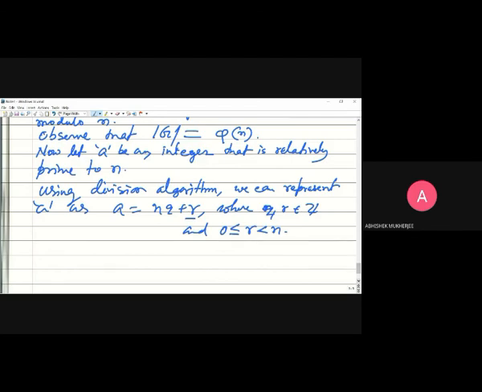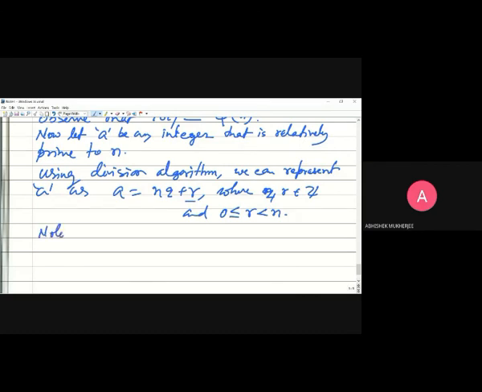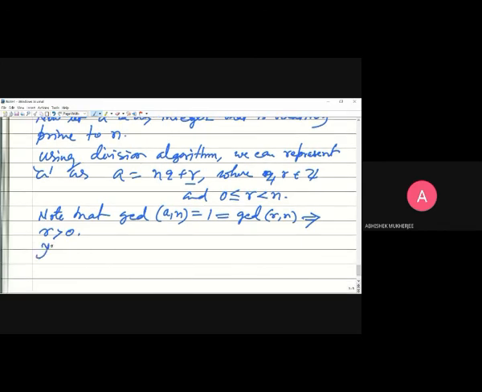Now note that GCD of a comma n has been assumed to be 1. So by the use of the Euclidean algorithm, this is actually GCD of r comma n, and this implies that r must be greater than 0. Therefore, this r is actually in the group G.